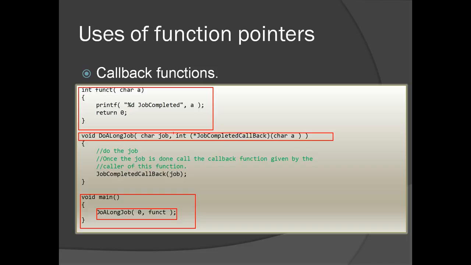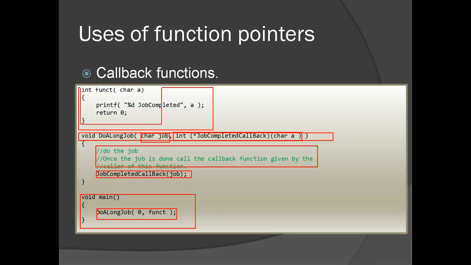It takes a function pointer and a character. What it does is it does the job, and once the job is completed, it will call back this particular function which we have provided here.